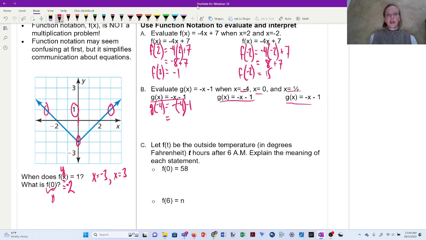So negative 1 times negative 4 is 4. Subtract 1, and when I evaluate this expression, I get the final answer of 3. G of x when x is negative 4 equals 3.